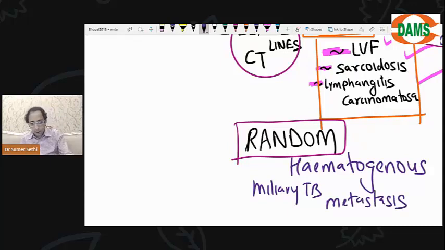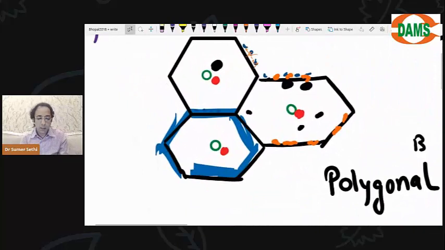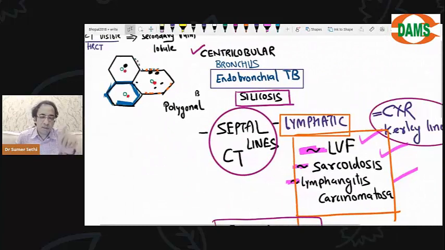Okay. Now let's listen to me and answer, beta. Silicosis में बेटा सोच के बताना. Silica entered the lung through the bronchus, through the trachea, by inhalation. So initially we had centrilobular lesions. Then the silica was taken up by the macrophages, and macrophages will take it to the lymphatics.